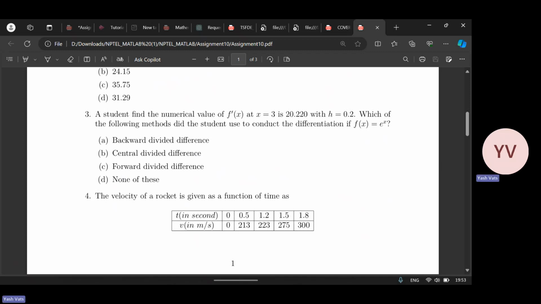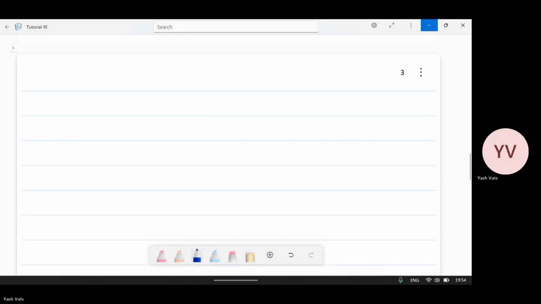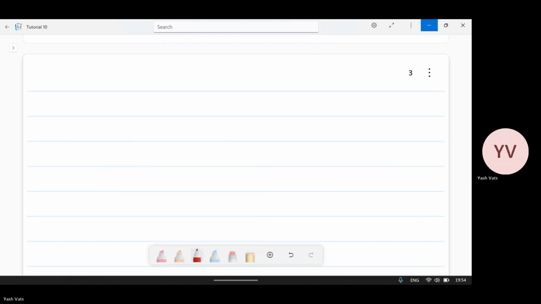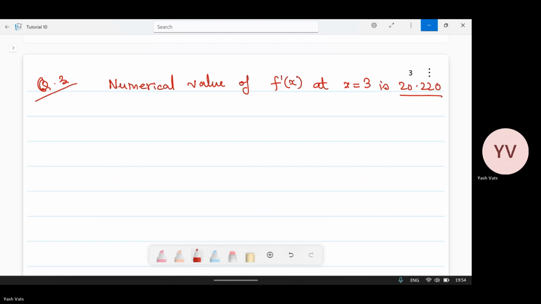Let me write the question first here. So numerical value, f dash 3 is approximated by 20.22.